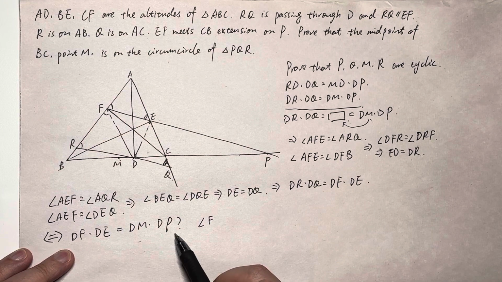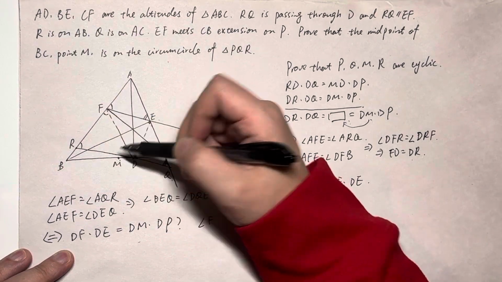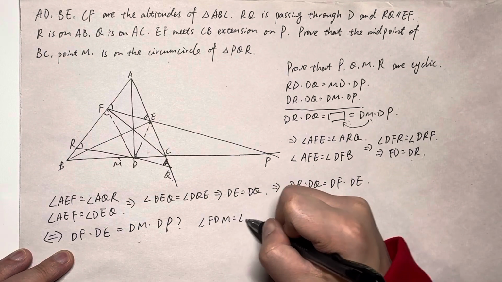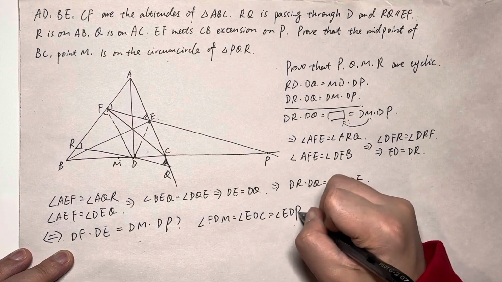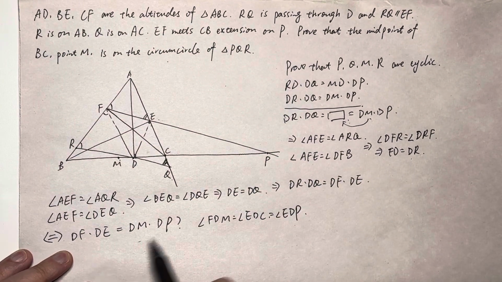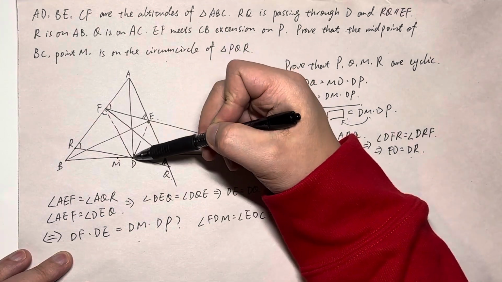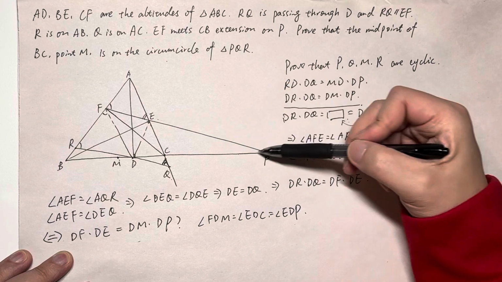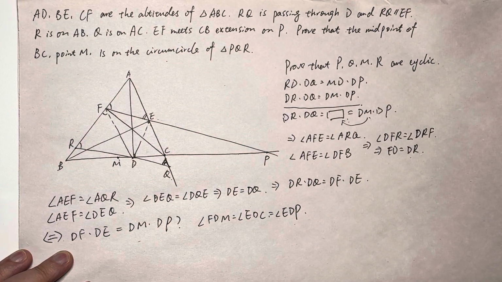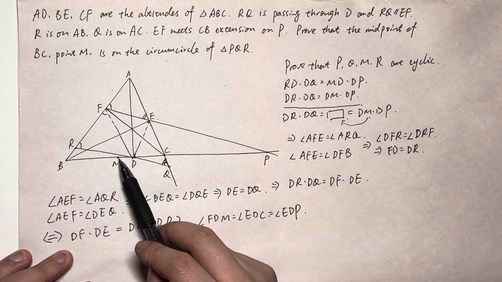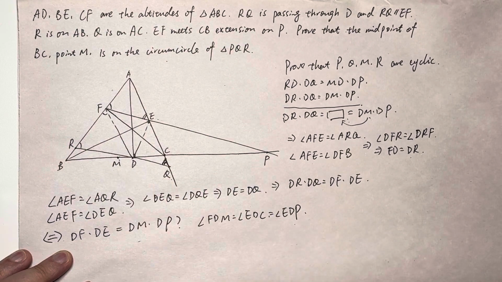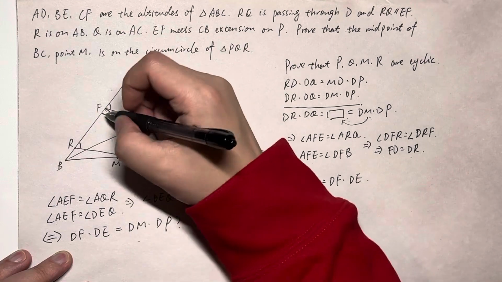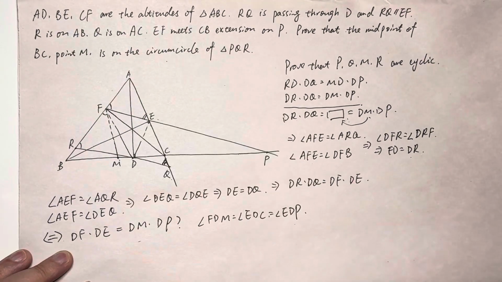We notice that angle FDM equals angle EDC, or angle EDP. So if this is valid, that means triangle FDM is similar to triangle PDE, which means we just need to find another way to prove that triangle FDM is similar to triangle PDE. Let's connect FM.